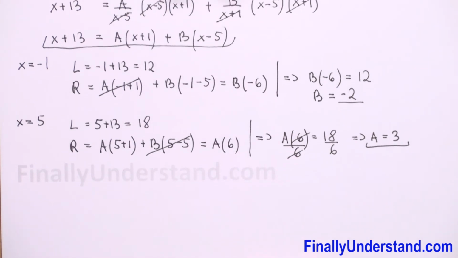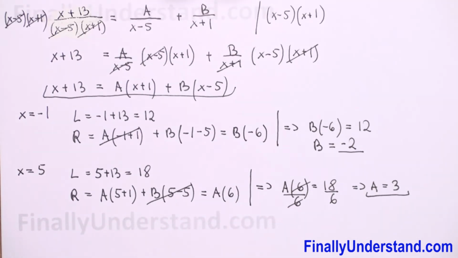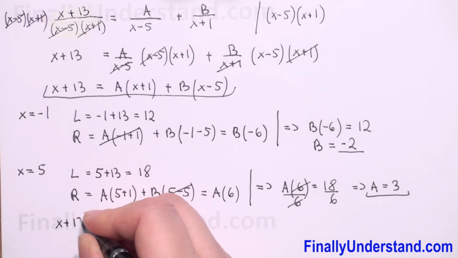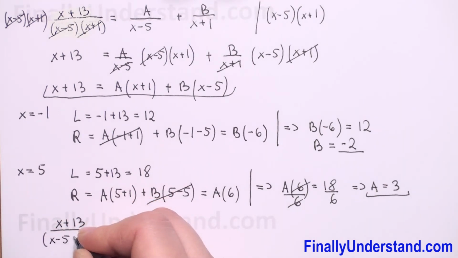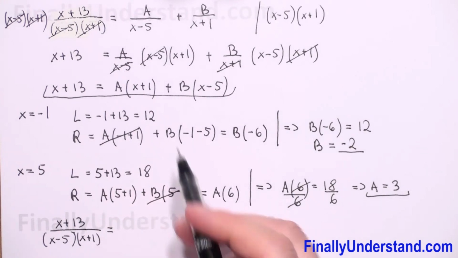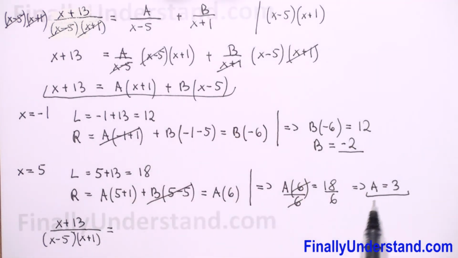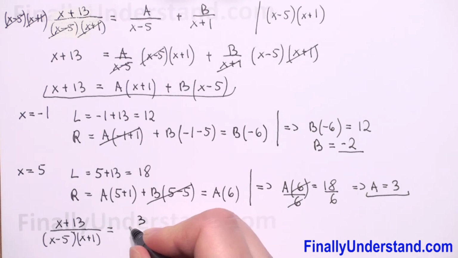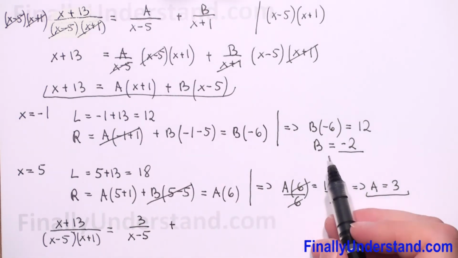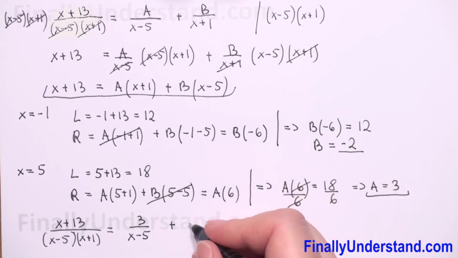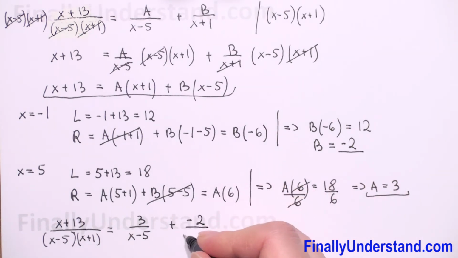We will have x plus 13 over x minus 5 times x plus 1 is equal to 3 over x minus 5 plus -2 over x plus 1.